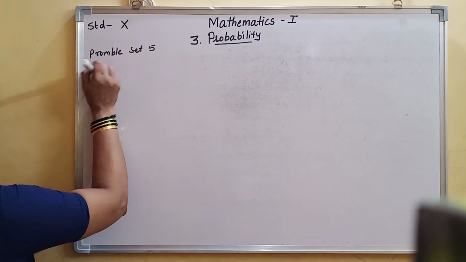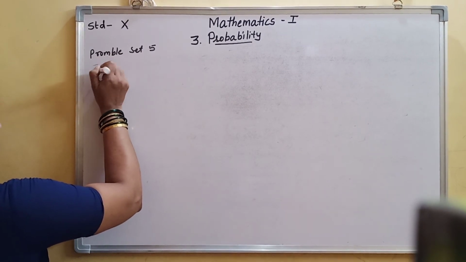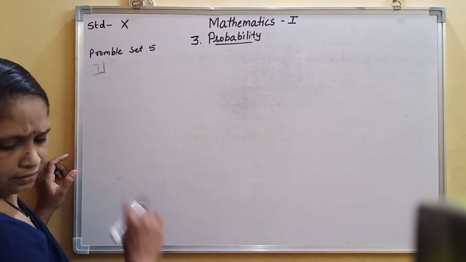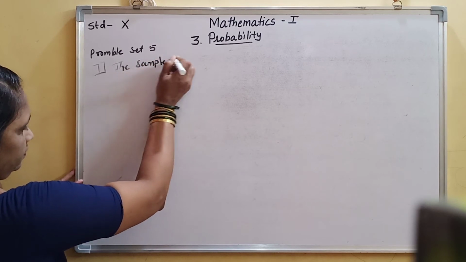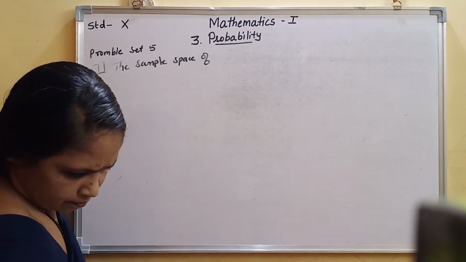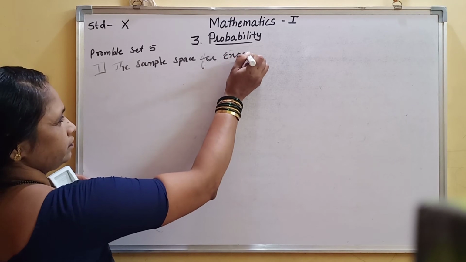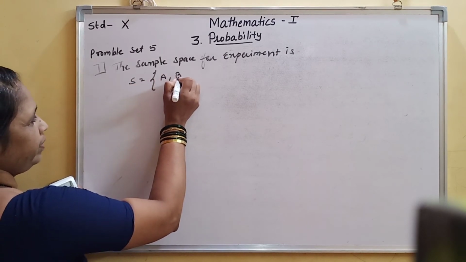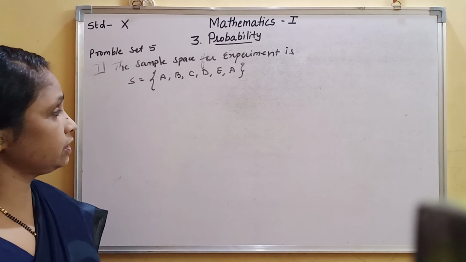Question number 7. In this one, a die, the sample space is A, B, C, D, E and A. These are the faces of a die.